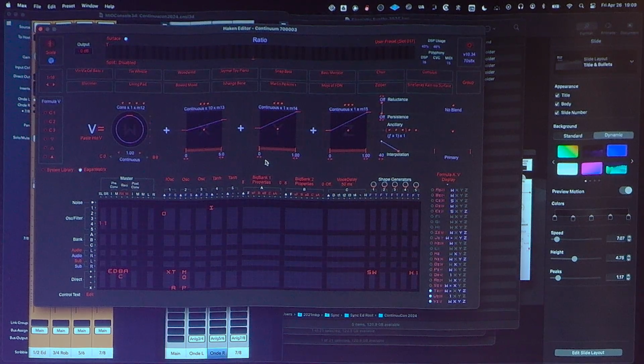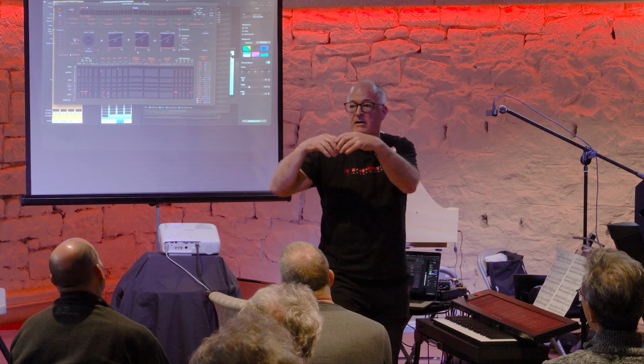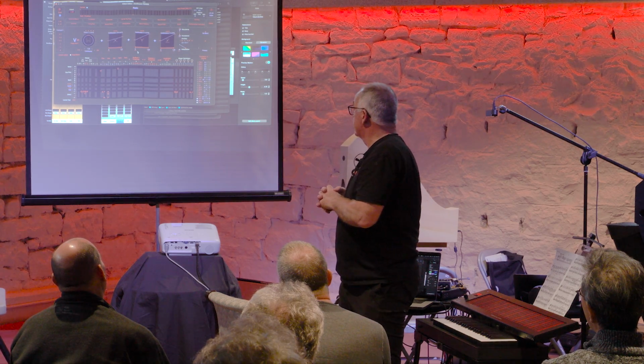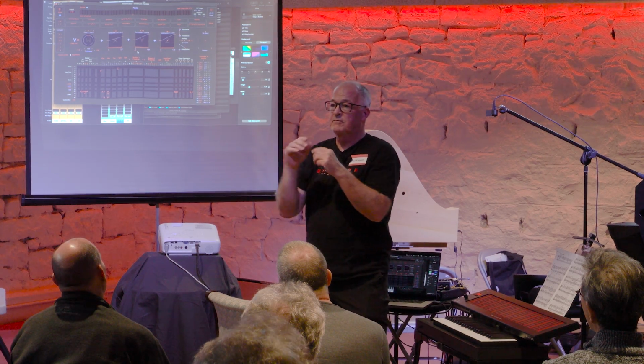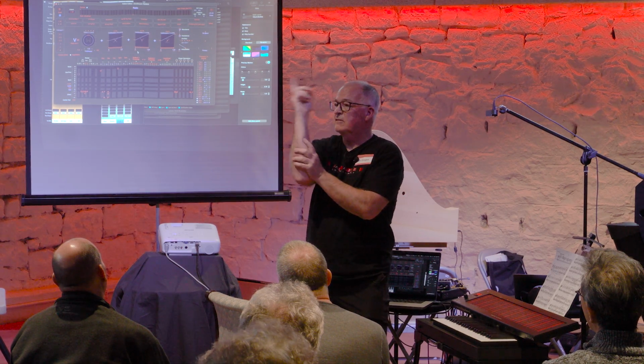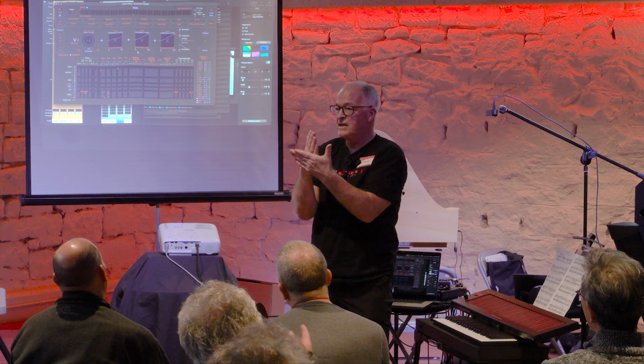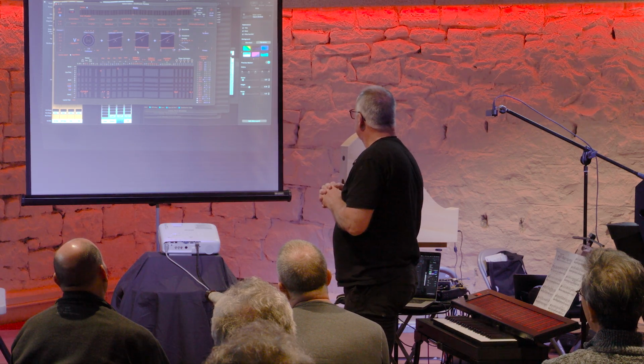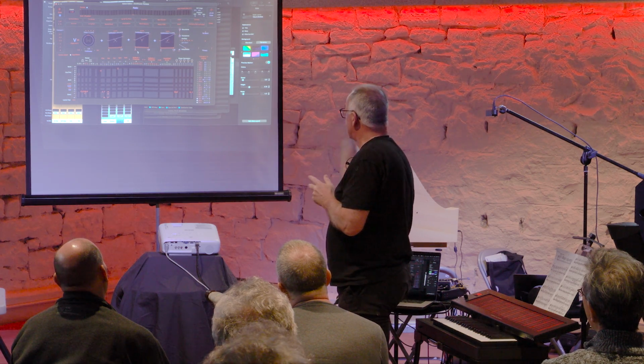So you can set up all these complex macros and structure all the formulas together, but then the user interface shows that as just a few dials, like a little Z control, a little shape generator amount. Yeah, so that's the ratio synth.